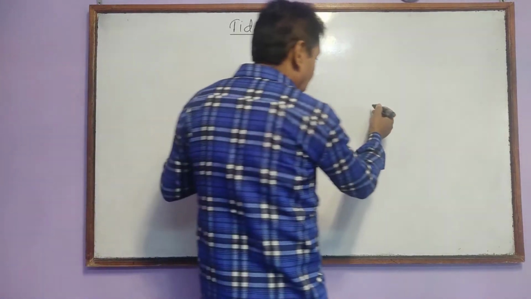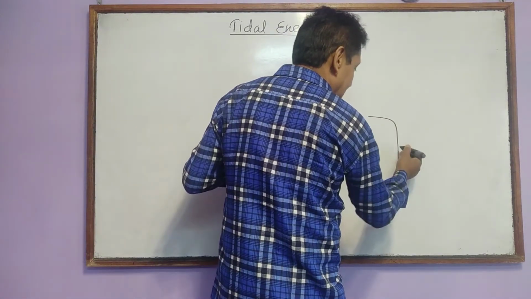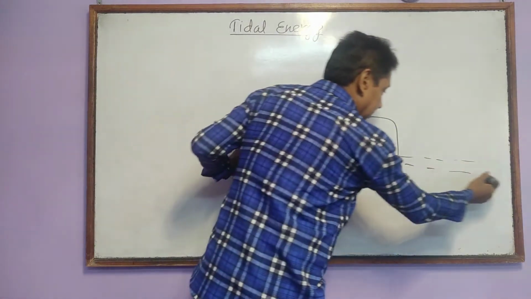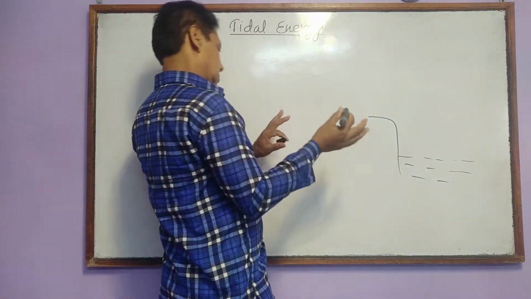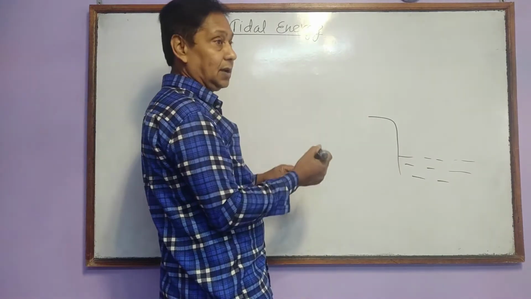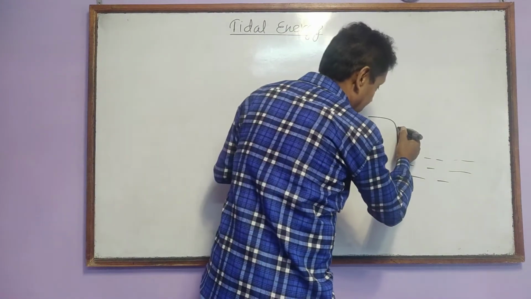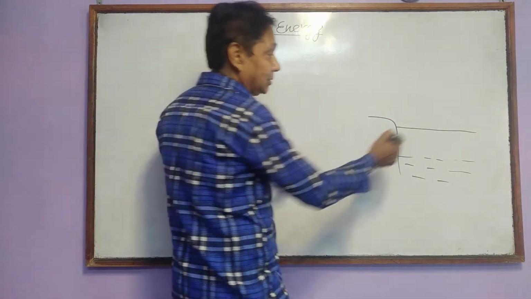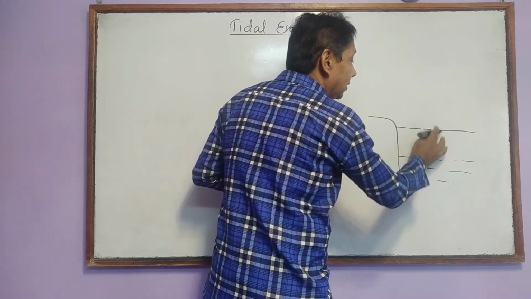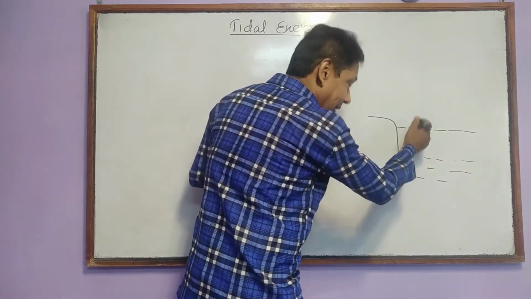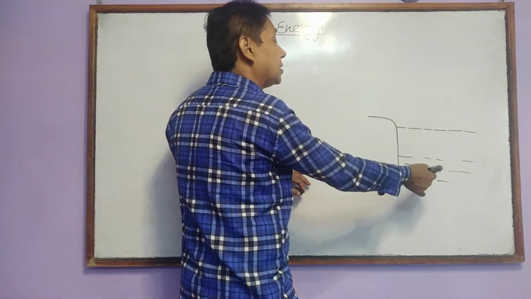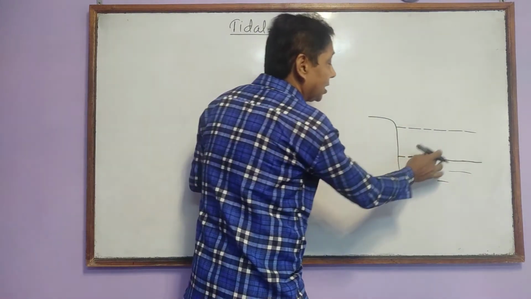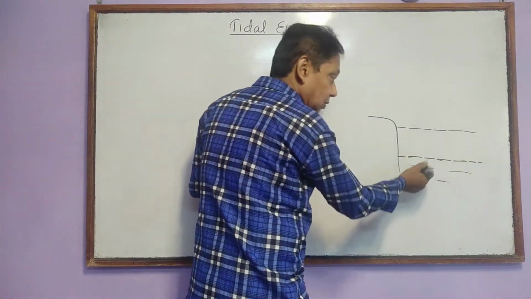In the sea and ocean, let's say this is the level of water in a certain sea, and when high tide comes, then level of water rises to a maximum value, and this condition is called high tide. And again the level of water goes on decreasing and it reaches a minimum value.